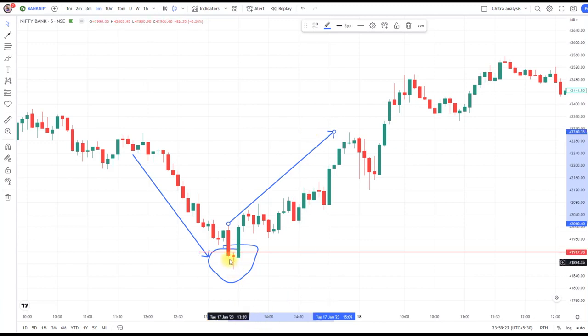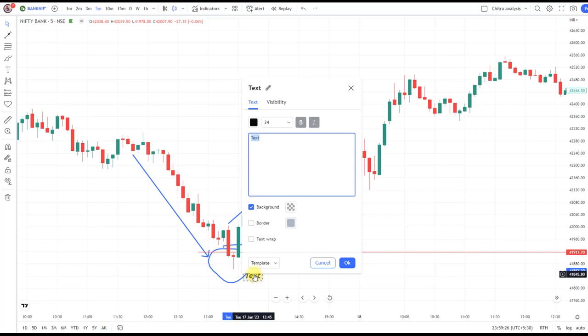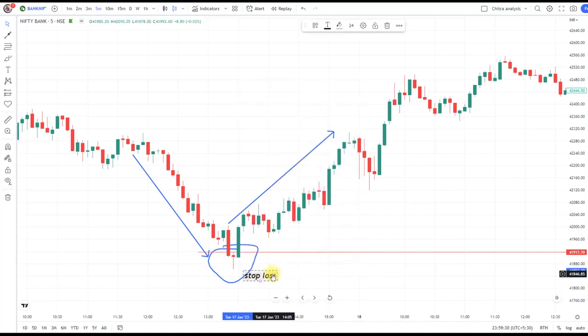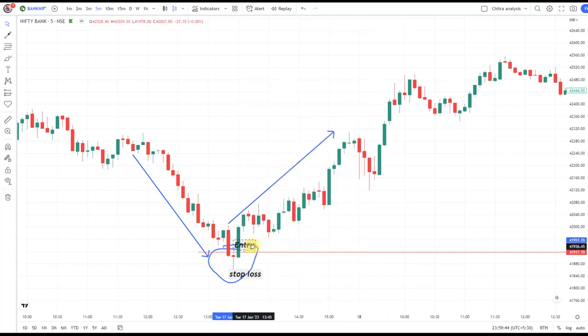The stop loss is the low of this candle here, and entry is above this dragonfly doji. Entry is here. So this is the entry.